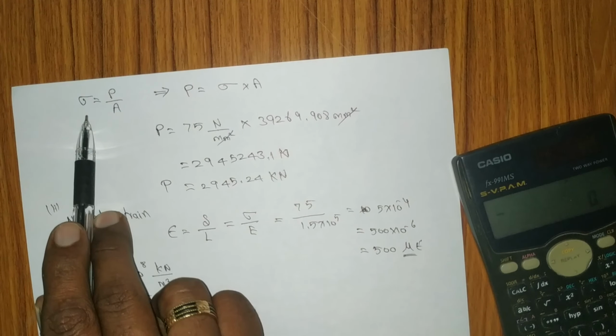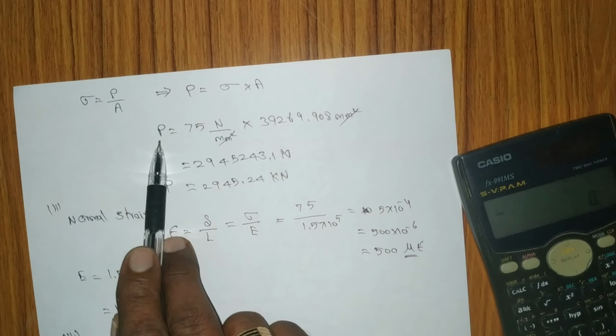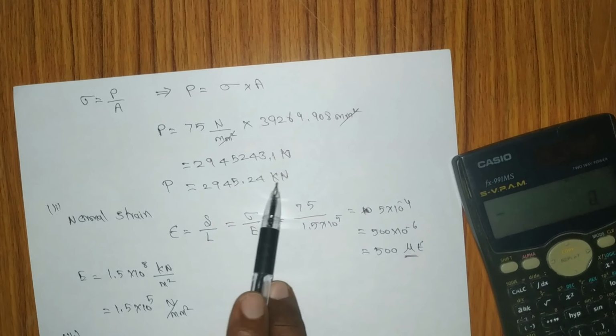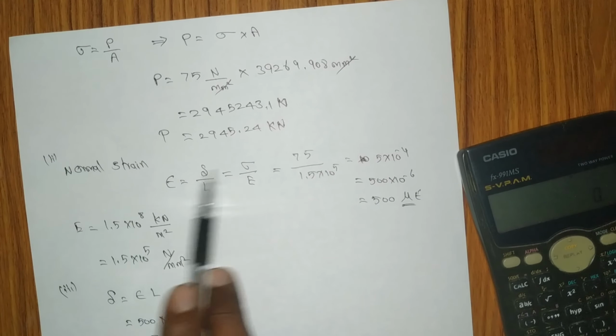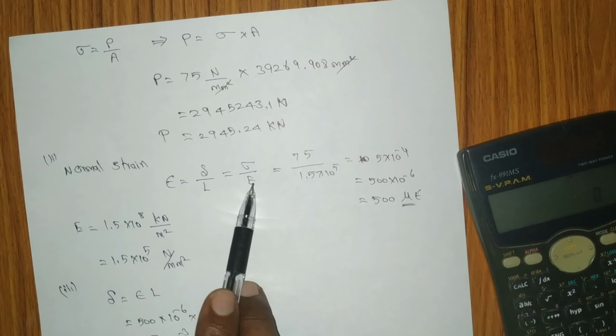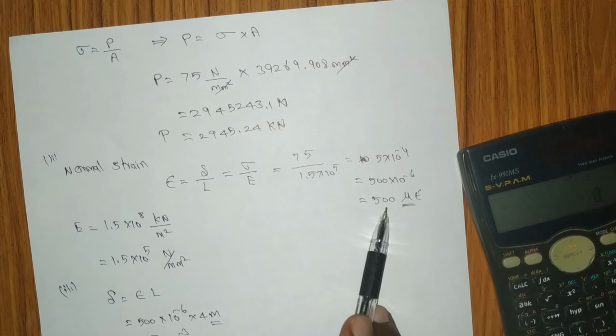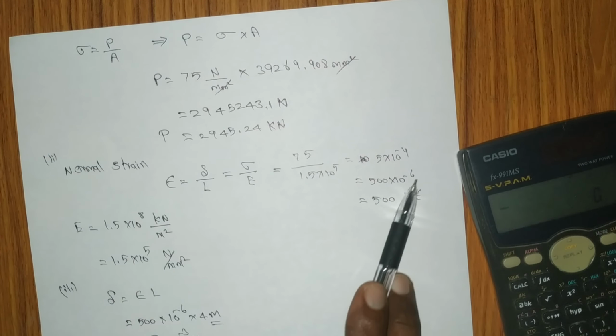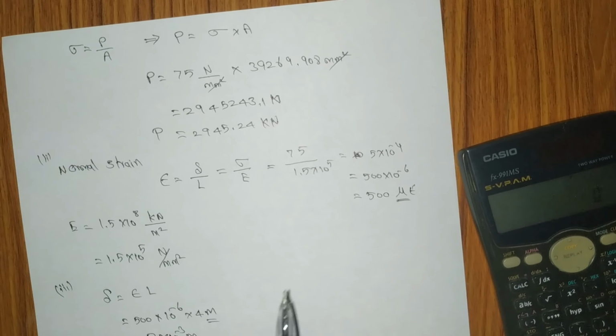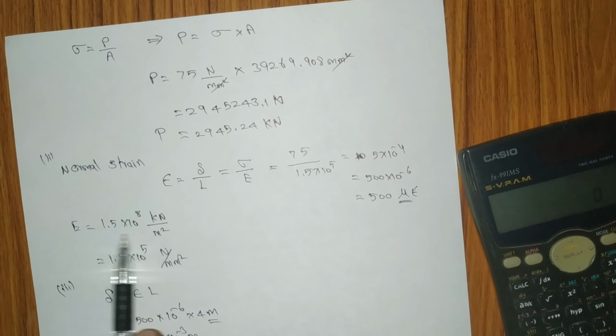The normal stress developed is the load, which we change into Newton, divided by the area. The load is 2945.24 kilonewton. The normal strain, by Hooke's law, is stress by Young's modulus, and we get 500 into 10 to the power minus 6, that is 500 micro strain. E equals 1.5 into 10 to the power 5 Newton per mm square.